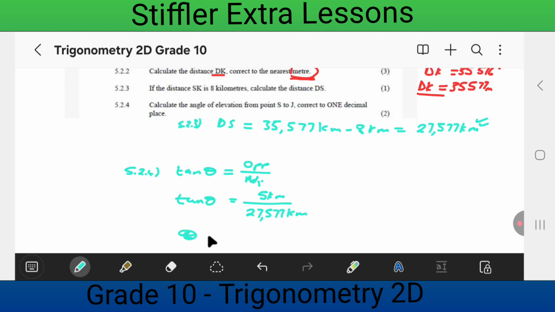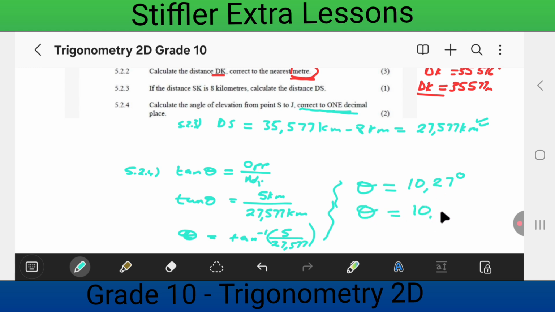So our theta becomes tan inverse of 5 over 27.577, and we can find that theta is equivalent to 10.27 degrees. But the question says correct to 1 decimal place, so we must make this 1 decimal place. So theta will be equivalent to 10.3 degrees. As simple as that.